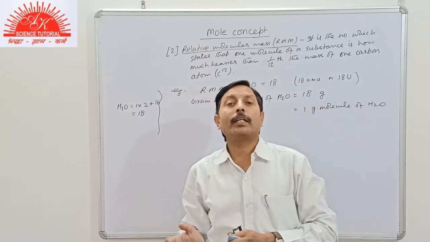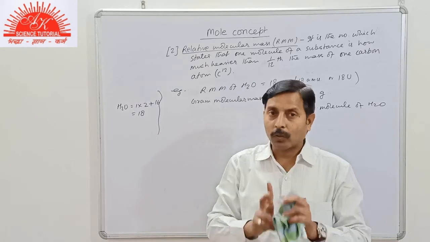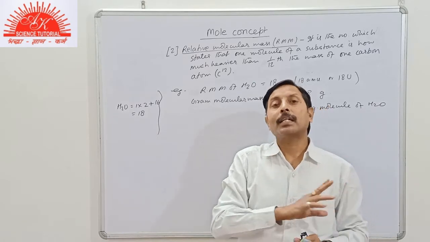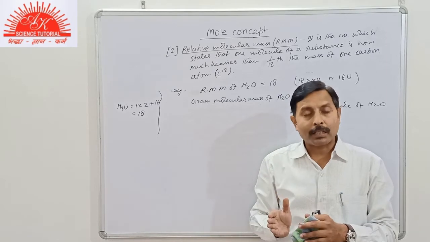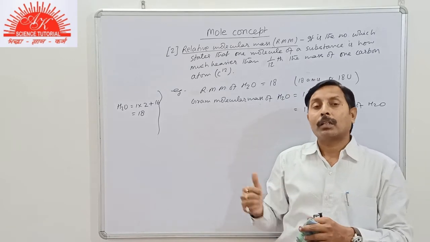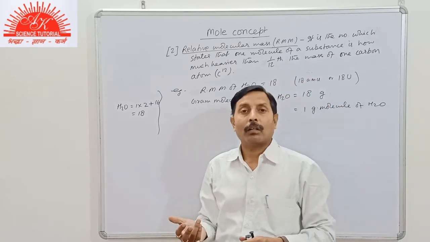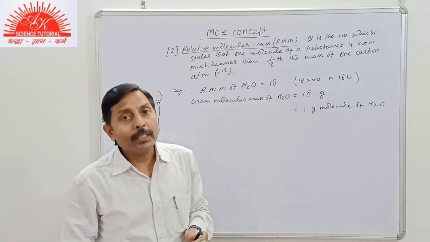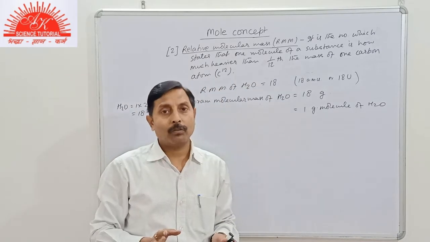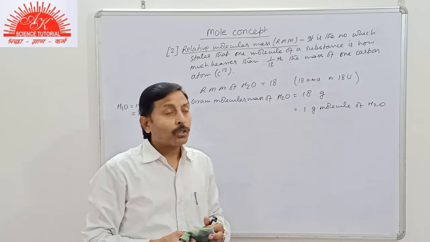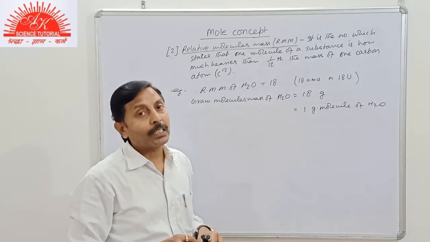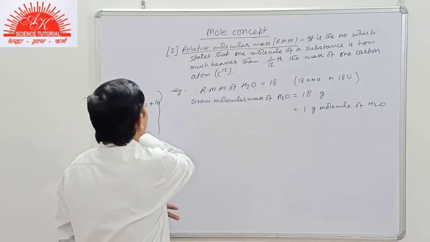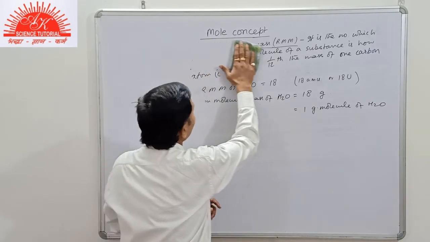Just there is one difference. At that place you will use the atoms, gram atomic mass, gram atom. Here there will be molecule and the molecular mass will be used as a standard value. Clear, students? So these were the different measurement parts of the atoms and molecules.